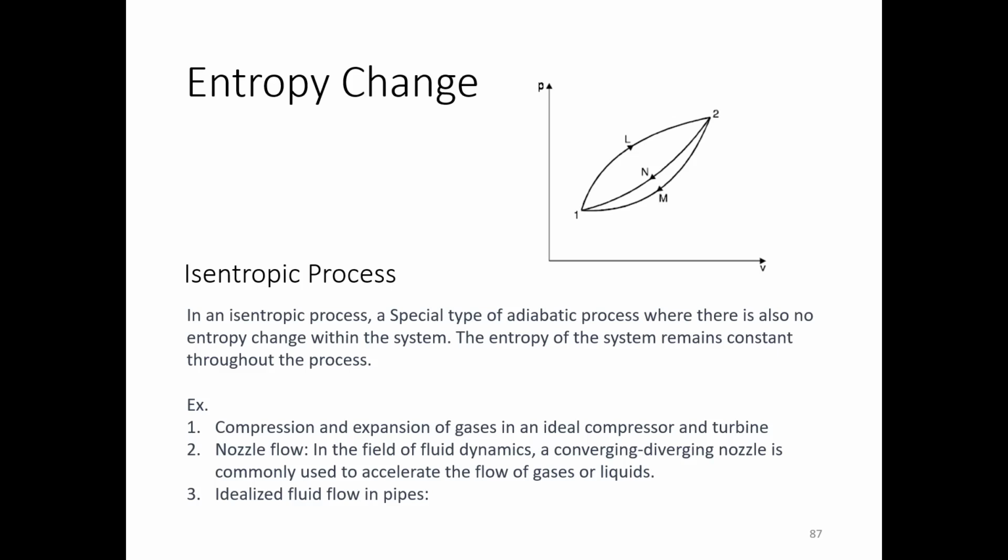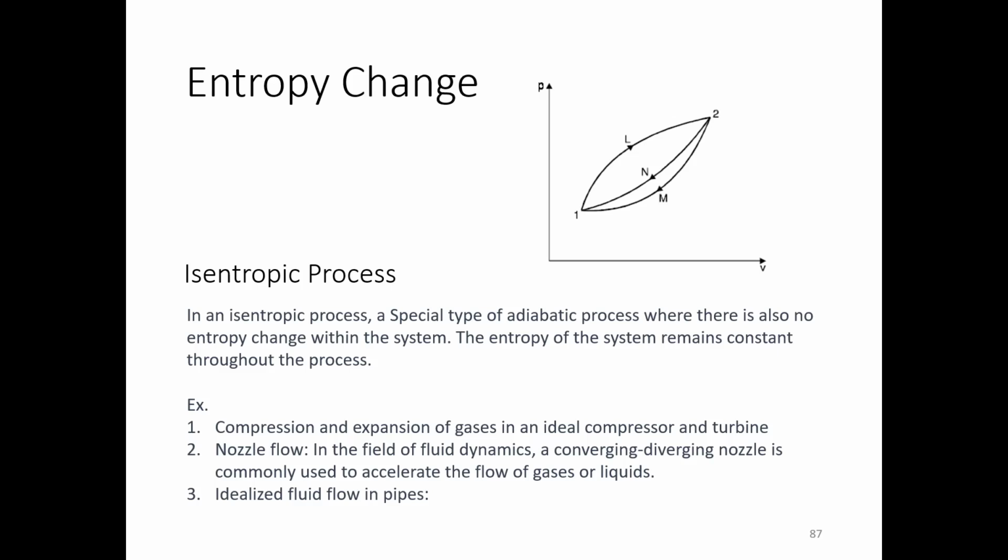The compression stroke and power stroke we consider as isentropic processes, right? We will discuss those things in more detail when we work on the cycles. For now, remember that the compression and expansion in engines are basically considered isentropic processes.